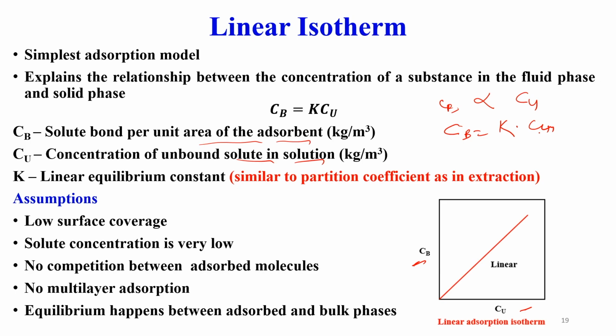This is a very simple linear isotherm. It makes certain assumptions: low surface coverage, very low solute concentration, no competition between adsorbed molecules, no multilayer adsorption, and equilibrium between the adsorbed and bulk phase.